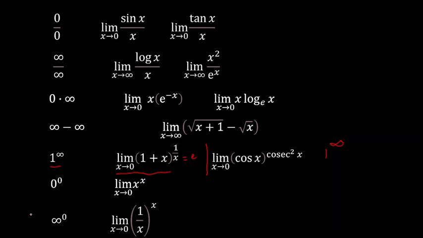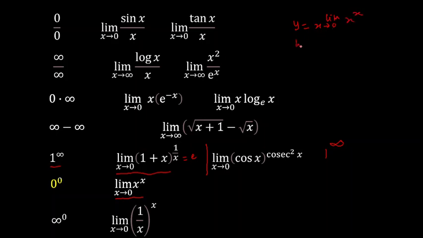Next we have 0 to the power 0 form. x tends to 0 limit x to the power x. So it is simply 0 to the power 0 form. In order to do this question, we suppose y is equal to x tends to 0 limit x to the power x.